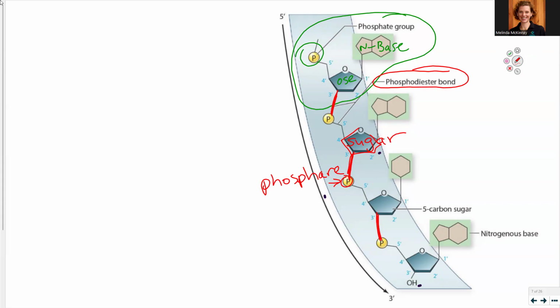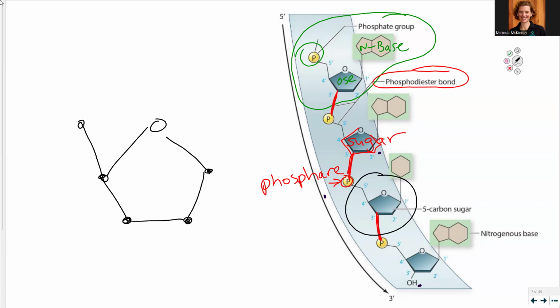One other thing to call your attention to is the numbering system for the sugar. If I look at this, here's my sugar, and the carbons are numbered. This is going to be important for determining the orientation of the DNA. So this is carbon 1, carbon 2, carbon 3, carbon 4, and carbon 5. Again, this is a sugar. It ends in OSE.